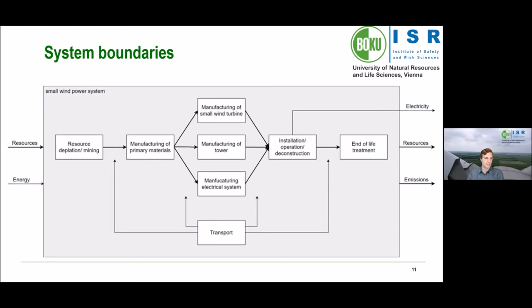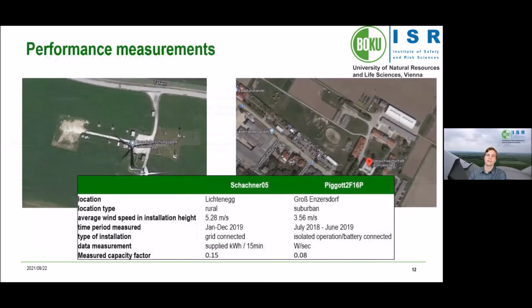So to analyze these systems over the whole lifetime, of course, we need to know the performance of the turbines. So we had them at 2 different sites. The Schaffner 05 was at the test facility in Lichtenegg, which is a more or less rural location, hilly with rather high turbulence.